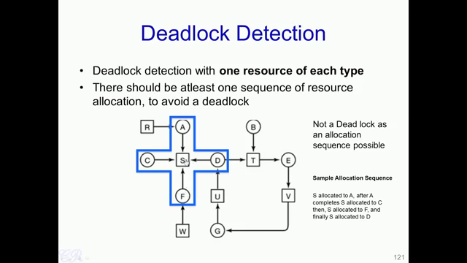For instance, one possible allocation scheme for S is that first S is allocated to A, then A will use the resource S for some time, and after it completes using S, S can be allocated to C, after which S is allocated to F and then D. So, essentially the allocation of S could be sequential among these four processes. So, this will not have a deadlock.